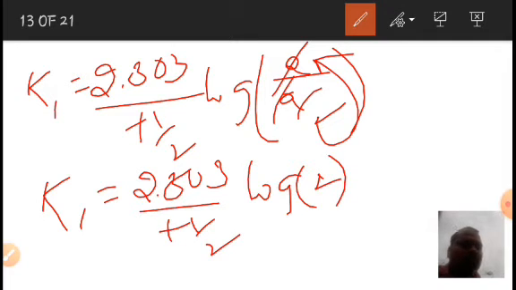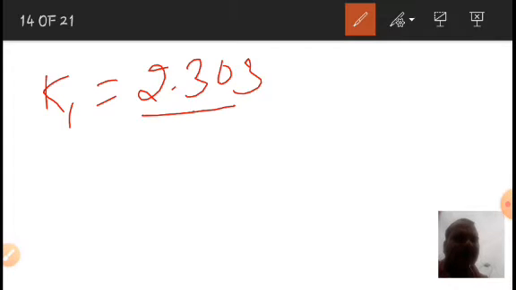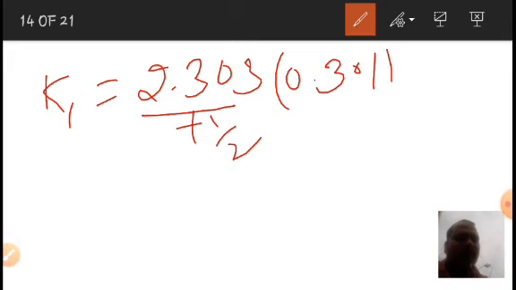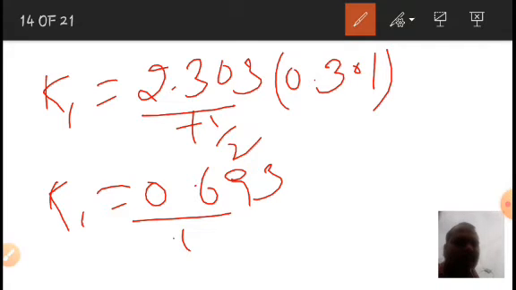What is the log 2 value? Log 2 value is 0.301. Then k1 is equal to 2.303 by t half into 0.301, which gives 0.693 by t half.